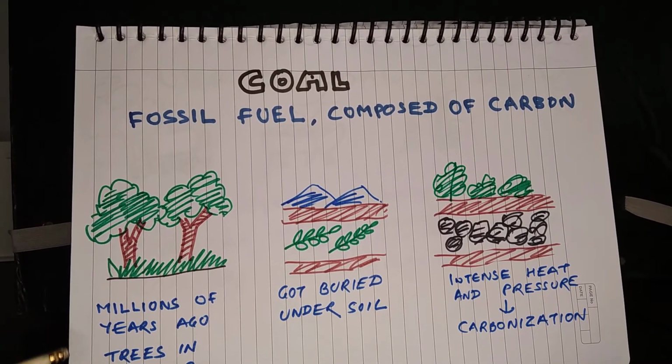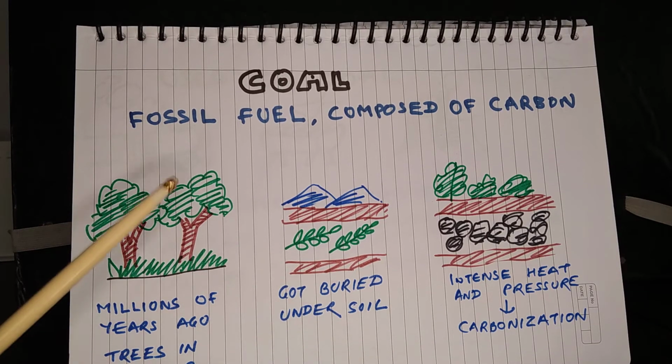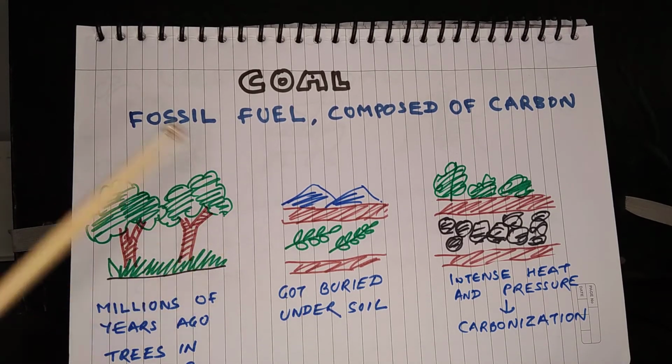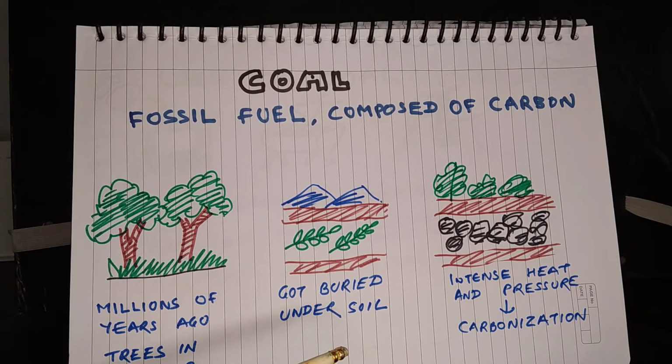Millions of years ago, there was thick forest in swamps. In due course of time, these trees got buried under the soil because of various factors like flood or landslide.